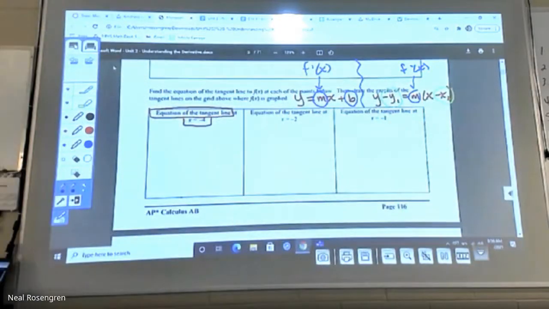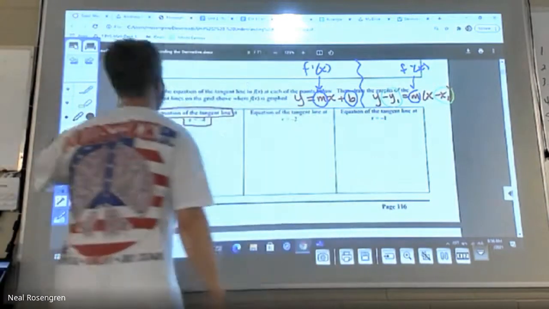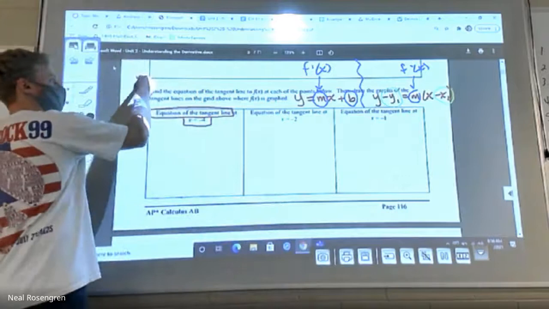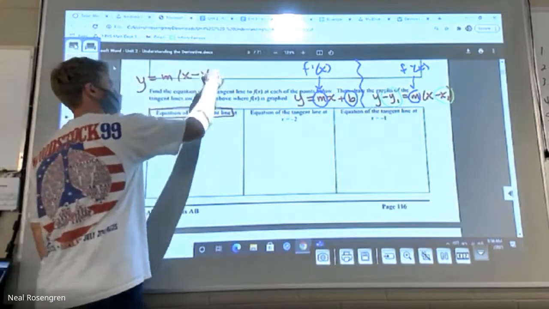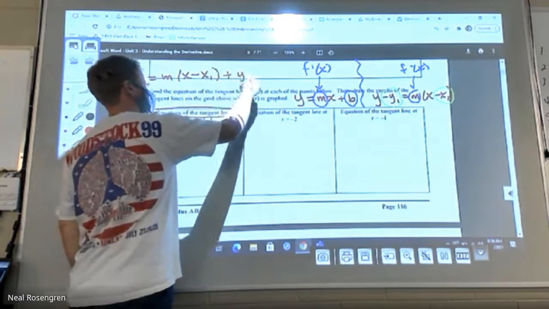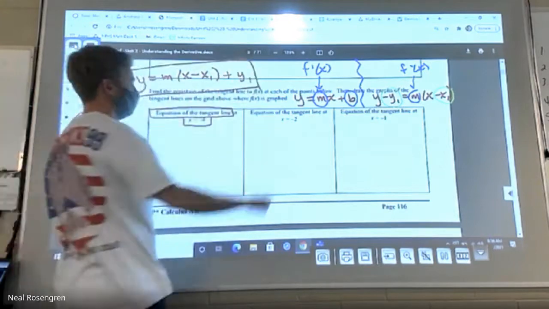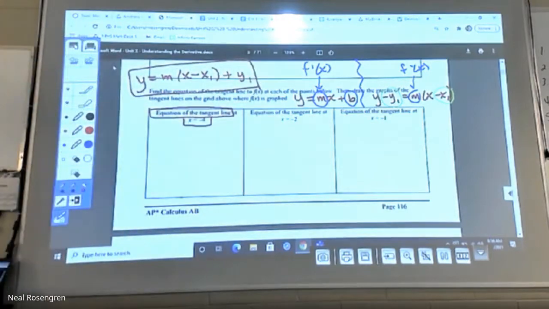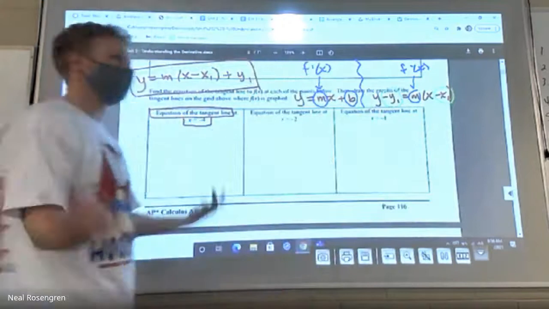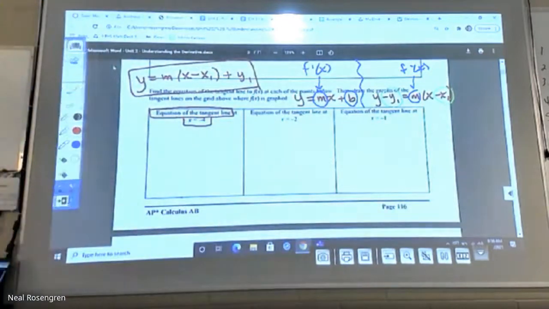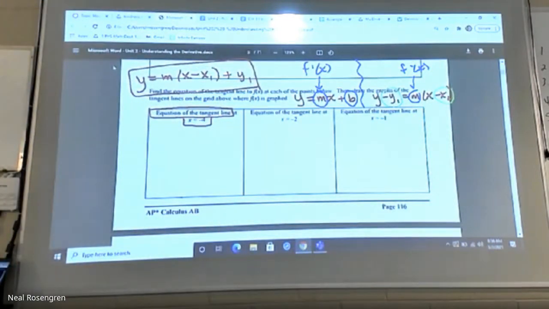Now, if you don't like that it's not set equal to y in that case, then you can use an alternative version that's y equals mx minus x1 plus y1, you just add the y1 to the other side. If that makes you feel better, that's cool with me. Either one's fine. I think people gravitate towards this one because it's y minus and it's x minus. You don't have to worry about remembering the sign.